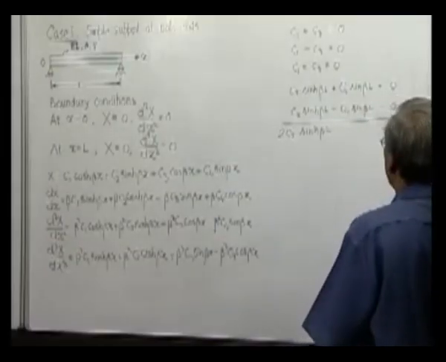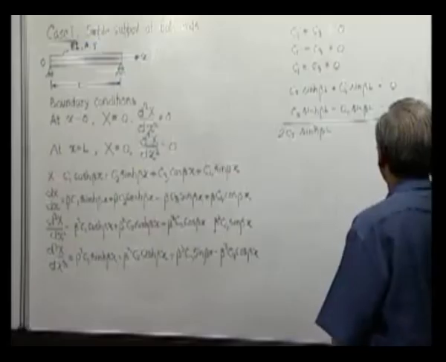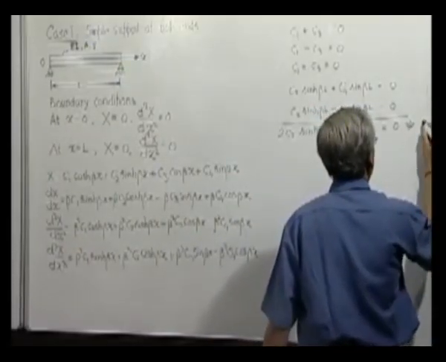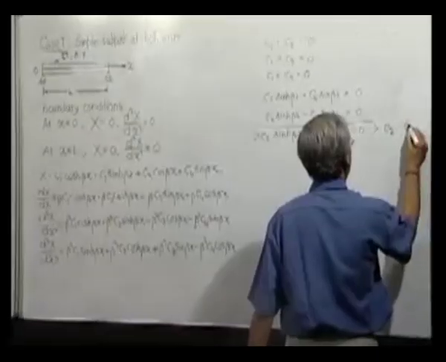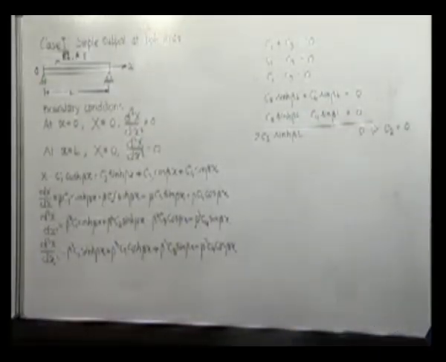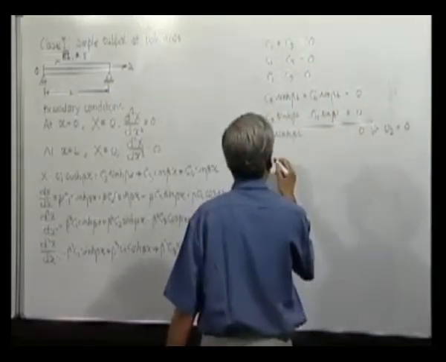Now we know that sinh(beta L) cannot be 0 because it is an exponential function. So therefore the only possible thing is that C2 equal to 0. If C2 equal to 0, then C4 sin(beta L) has to be 0.